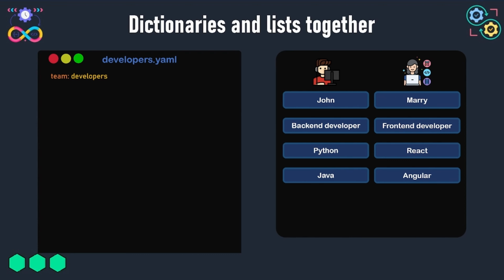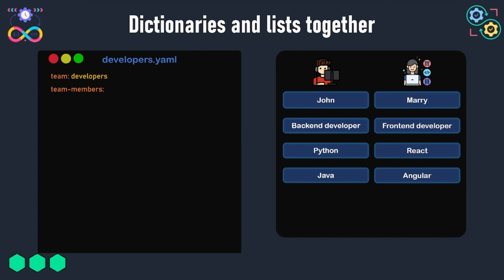Then we will have a list called team members, which will contain a set of items. Each item will be a dictionary representing the data of a member of our developers team. Here, because we have 2 developers, we will have 2 items, and both of them are dictionaries.